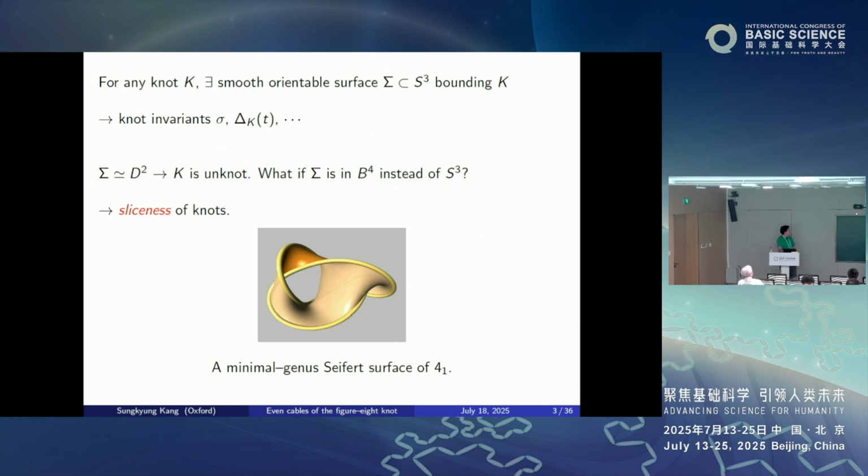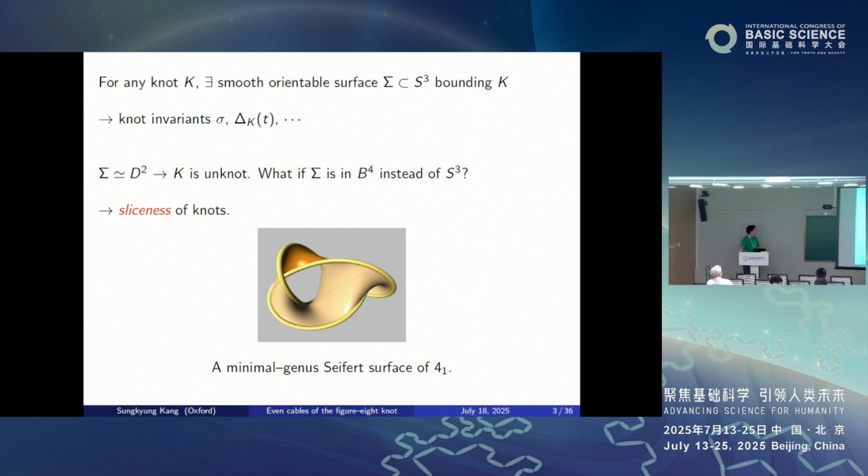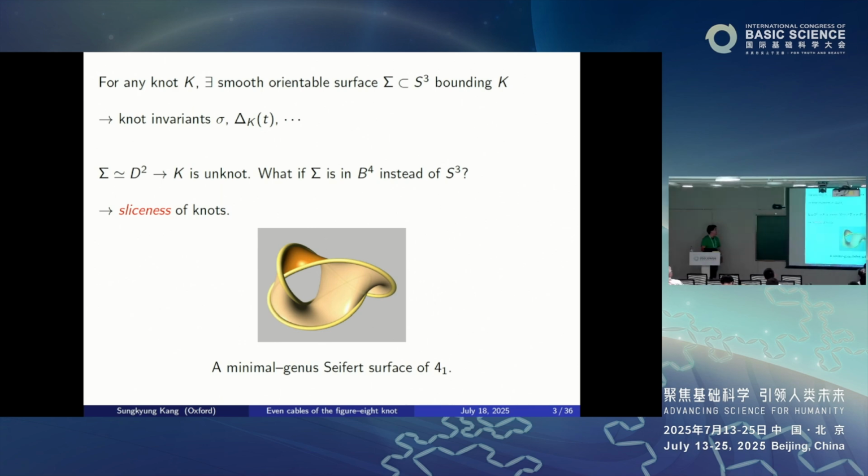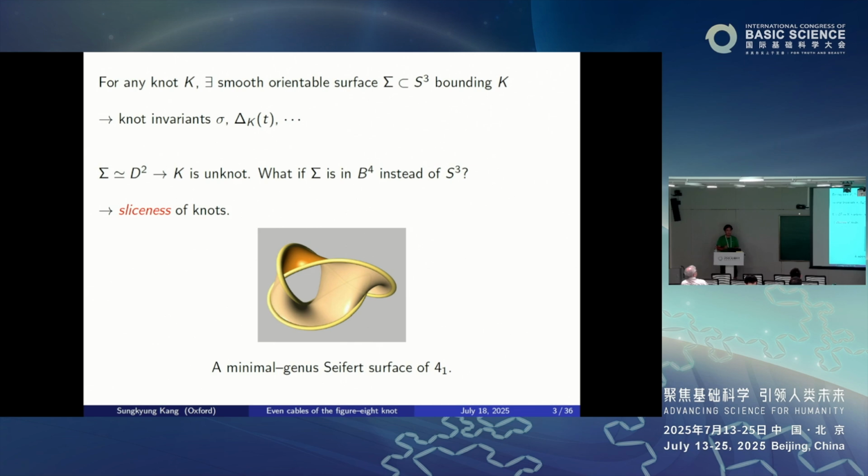Okay, so in order to study knots, one of the most classical things to do is to consider a smooth orientable surface inside the three-sphere bounding your knot. Those are called Seifert surfaces. There are a lot of them, so given one knot, there are many Seifert surfaces that can possibly bound it.